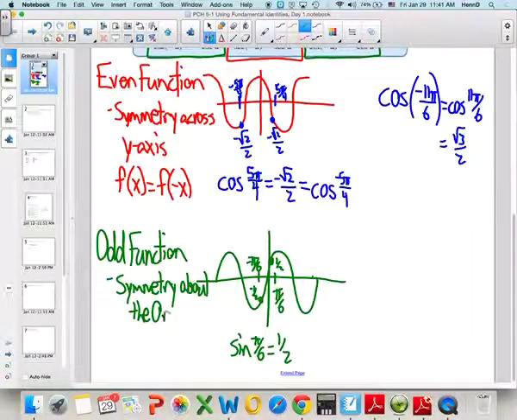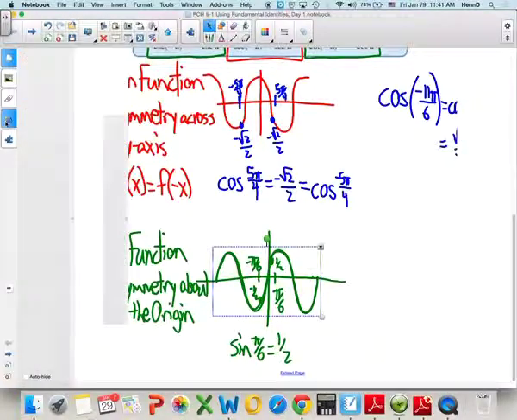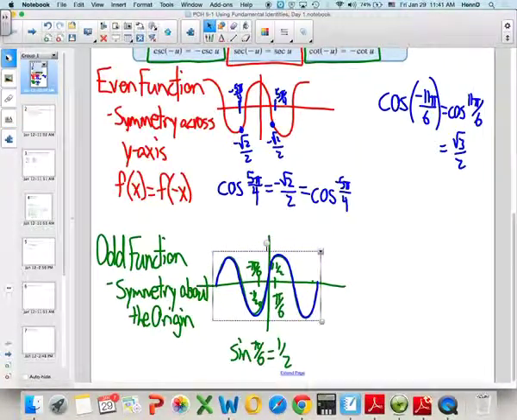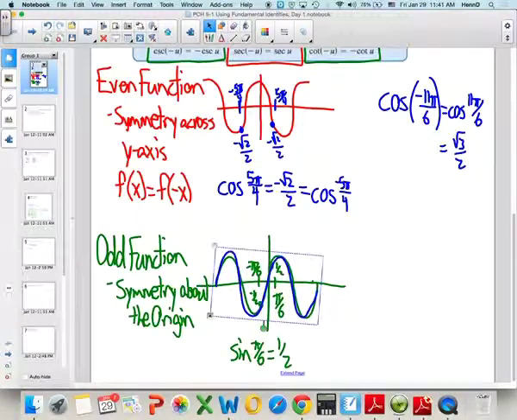If you shifted it, it wouldn't work anymore. But notice what happens here. If I take this sine curve, and let me change the color on it so we can see it a little easier, its symmetry about the origin means if we rotate this thing 180 degrees, it's the same thing.